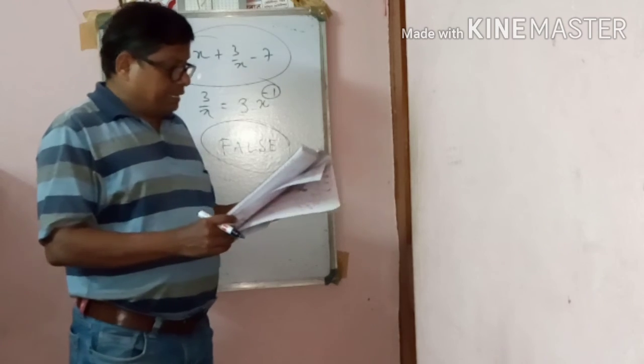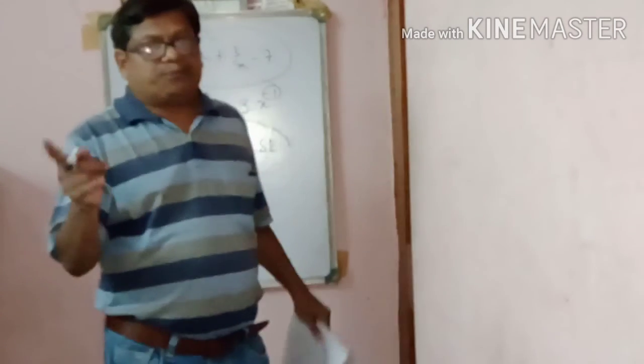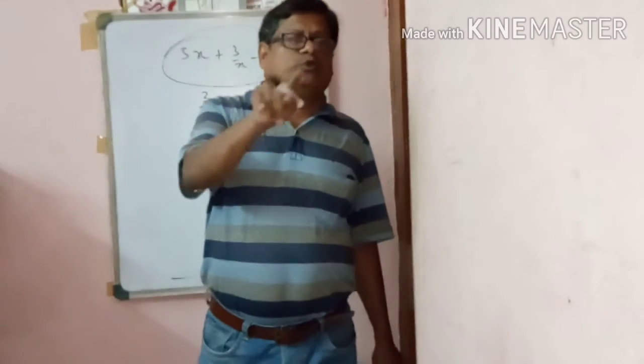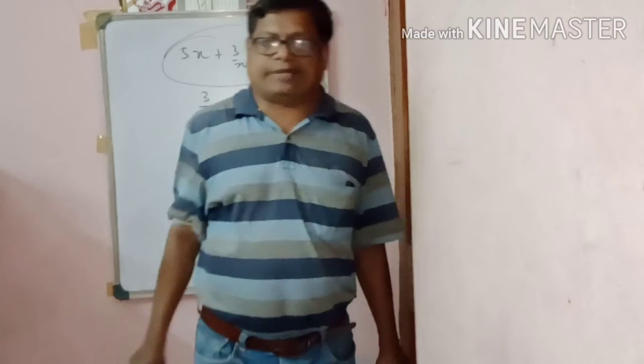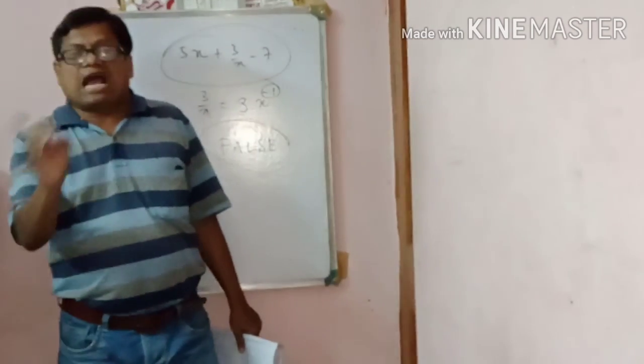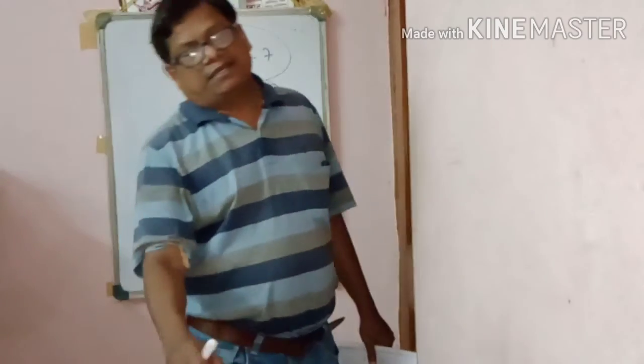Listen, children, first time I am discussing this. Here 16 by 4: by mistake I wrote 4 into 4. It will be 4 plus 4. Keep in mind, 16 by 4, all of you know is 4. How many 4s are added to make 16?